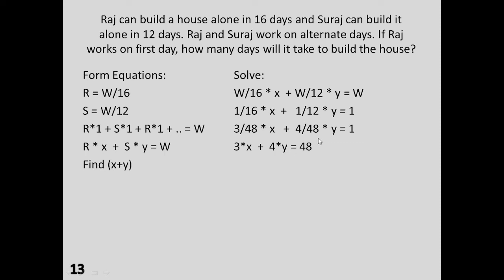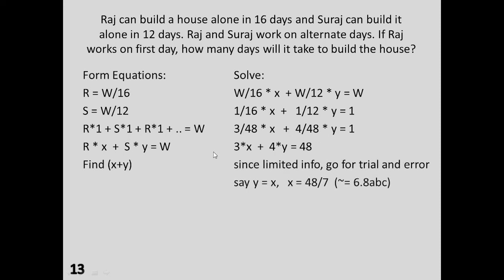3x plus 4y is equal to 48. Since there is one equation and two variables, x and y, we may not be able to solve it directly. So we go for trial and error. Now let's say they have worked for equal number of days, 7x is equal to 48. 48 by 7 is close to 6.8.